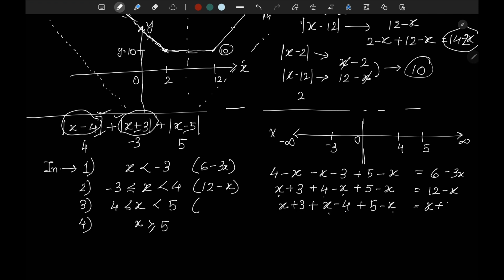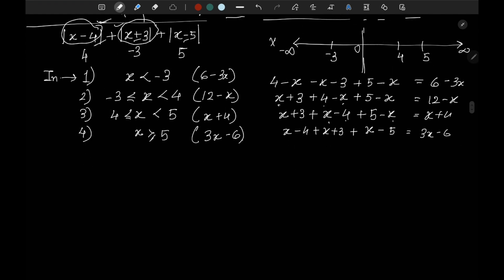You will have x plus 4. And for the last case, everything will open as positive because x is greater than all the critical points. So that will be your x minus 4 plus x plus 3 plus x minus 5. This is your 3x minus 6.